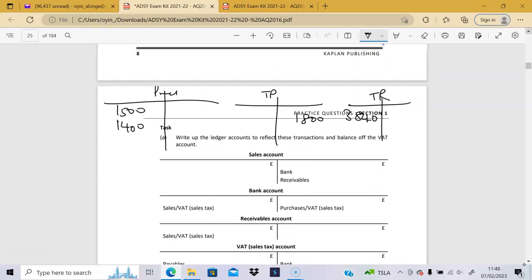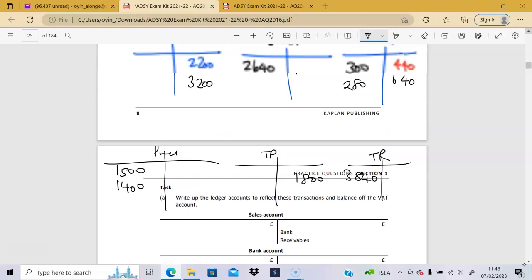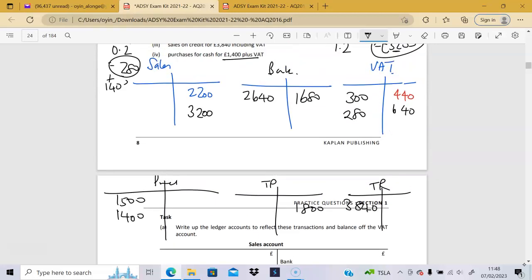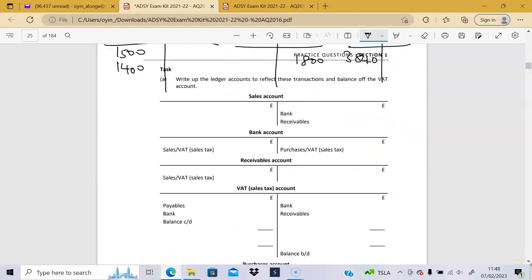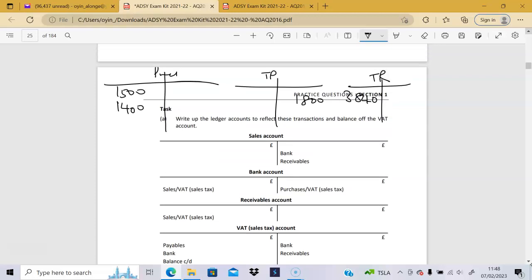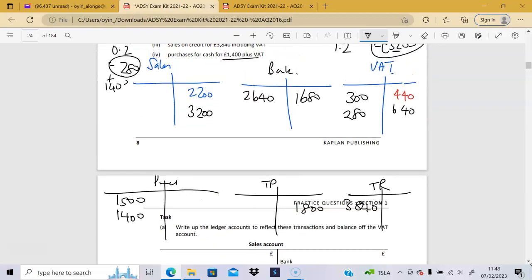So you can fit all that into those accounts over there. But that's kind of the summation of these ledger accounts, and that's right, putting that in and balancing off the VAT account. So if we balance off the VAT account, you owe HMRC this amount of money, and you can claim this back. It's 300.